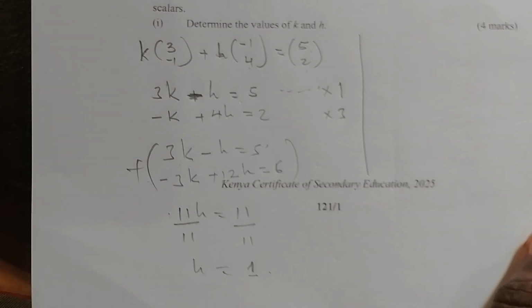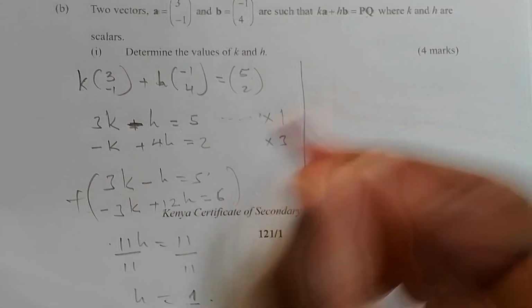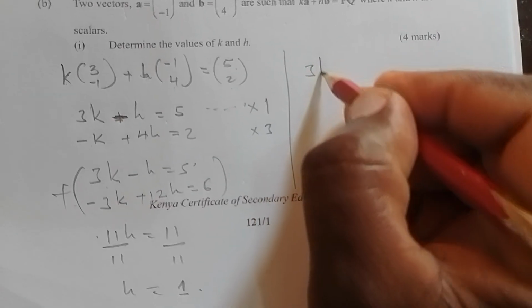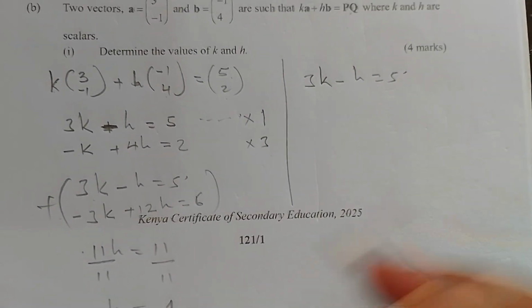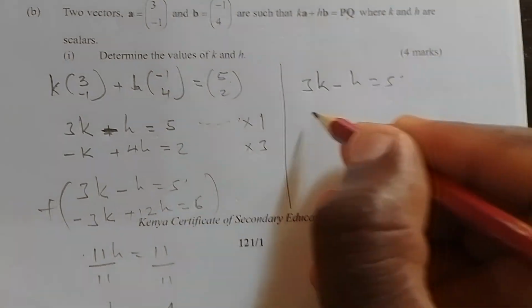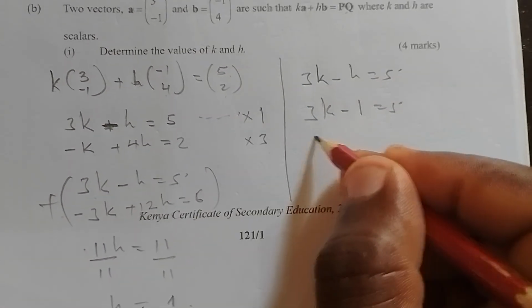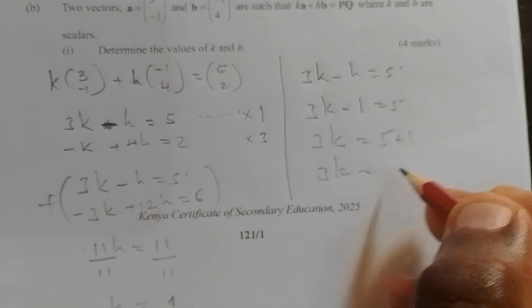So if H is equal to 1, how do we get the value of K? Just substitute the value of H in one of the equations. Let me pick this equation, 3K minus H is equal to 5, such that where there is H, I put 1. So 3K minus 1 is equal to 5, so 3K is equal to 5 plus 1, 3K is equal to 6.